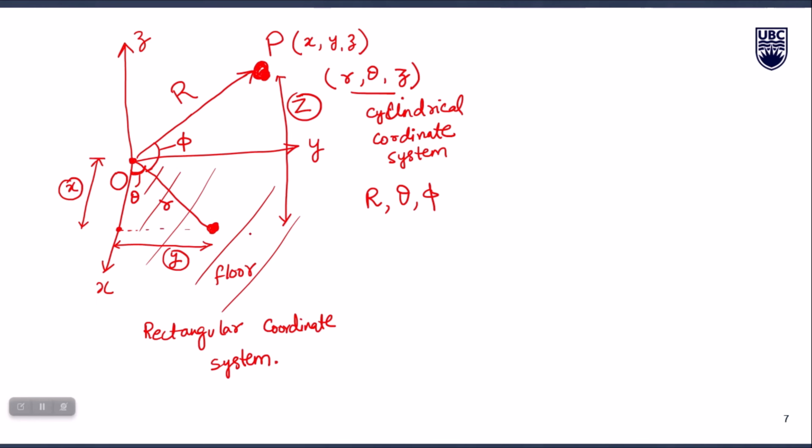So imagine that small r is a shadow of capital R, and that shadow is making a vertical angle with its original capital R vector, and that angle is represented here as phi, right? So you can reach the same point using this triplet also.